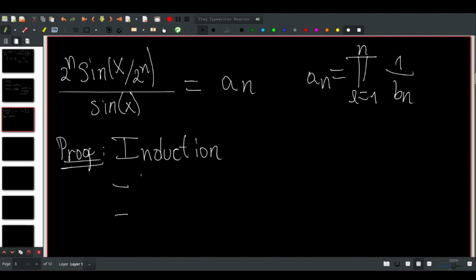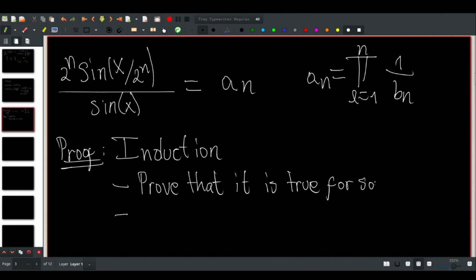You first have to prove that the statement is true for some base case. In our case, the base case will be n equals 1. We'll do that in a second, but first I'm going to state what else we need to do.